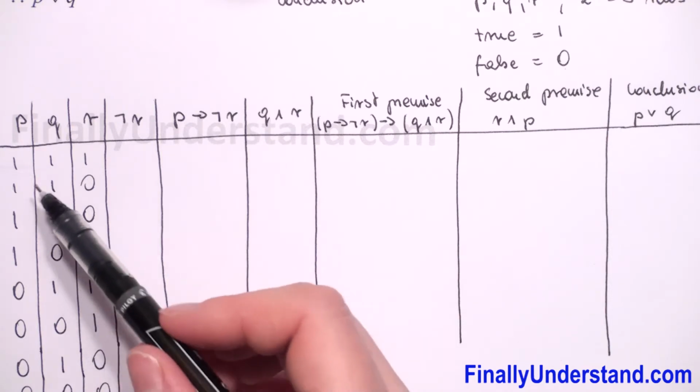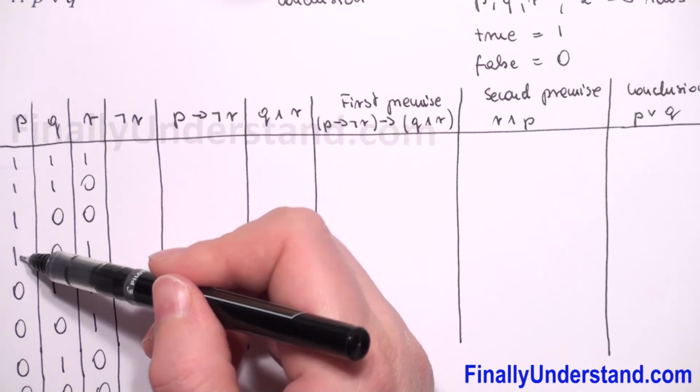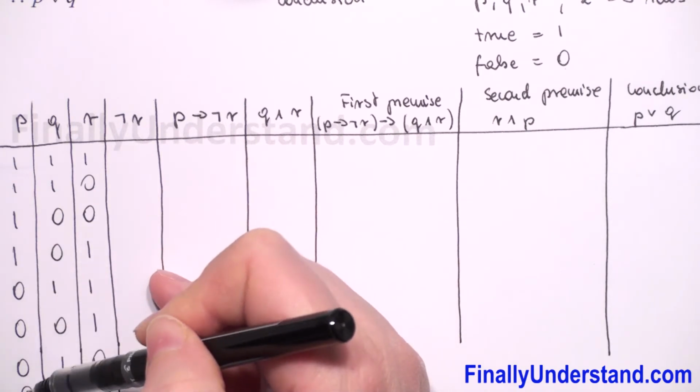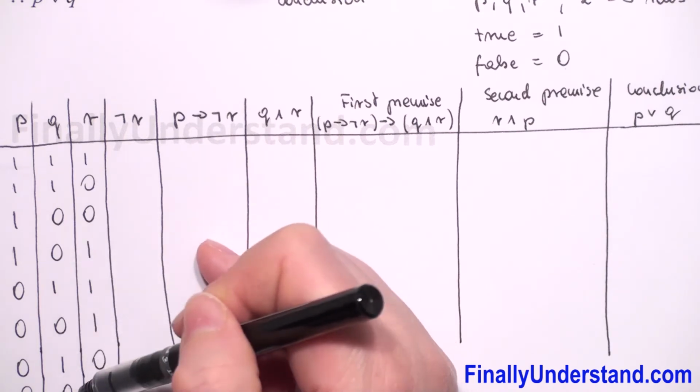We need to have in every column for P 4 truths and 4 false. For Q the same. We have to have 4 truths and 4 false.